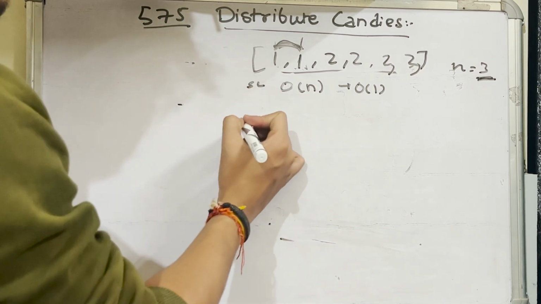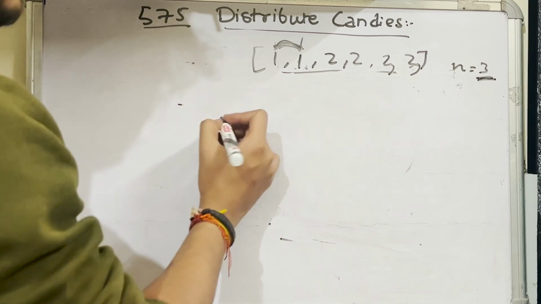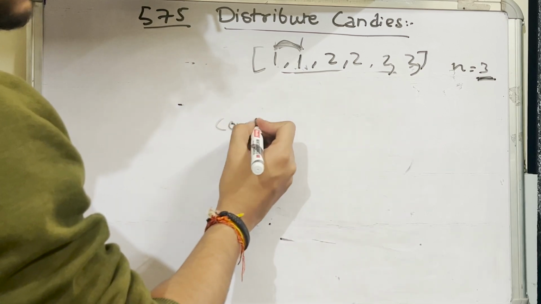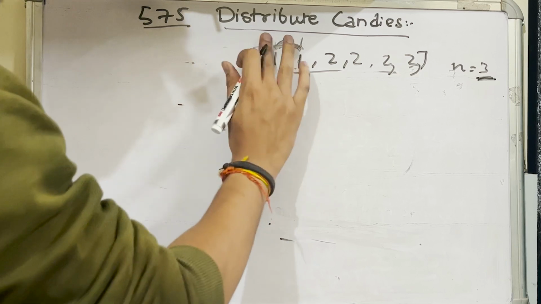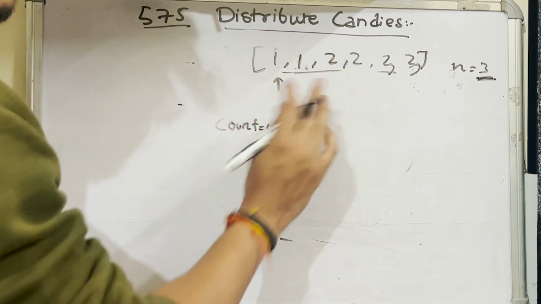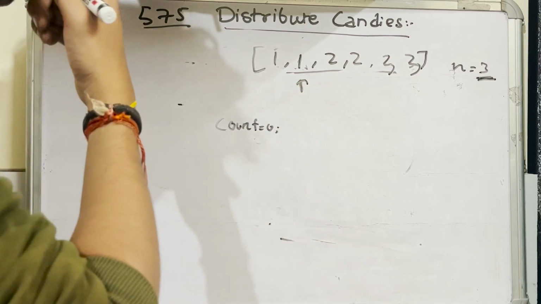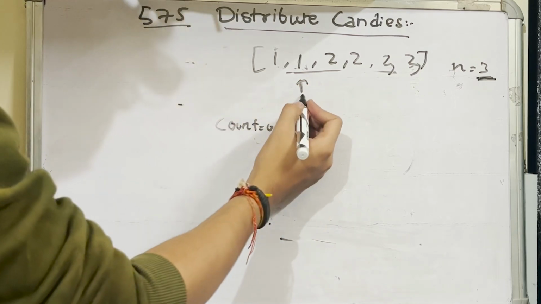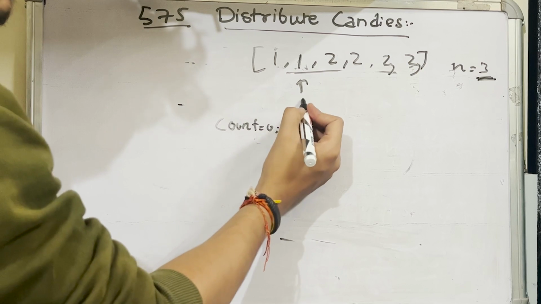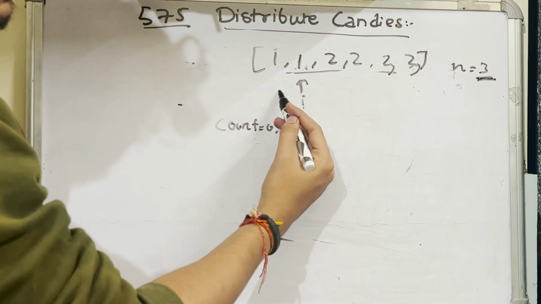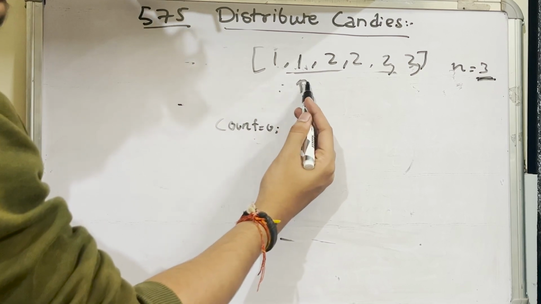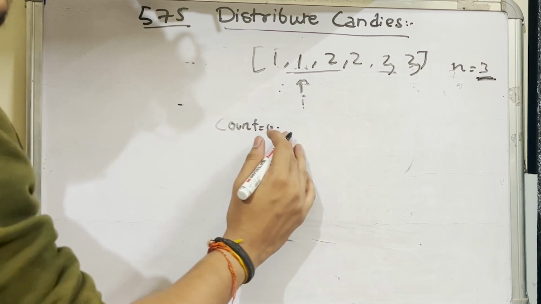So let me give you a dry run for that. If you initialize your count variable with 0, your I pointer will be here first. Oh sorry, not there, because that would be out of bounds. It will be in the first position. You check with the previous. If these values are different, then the count will increase, otherwise not.